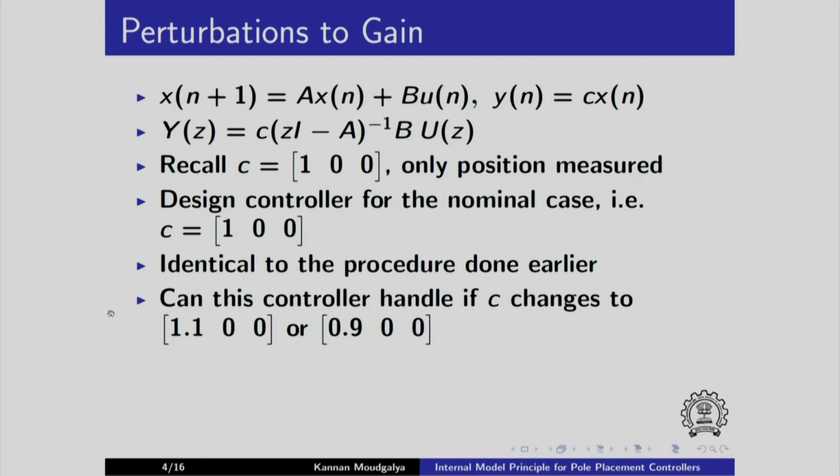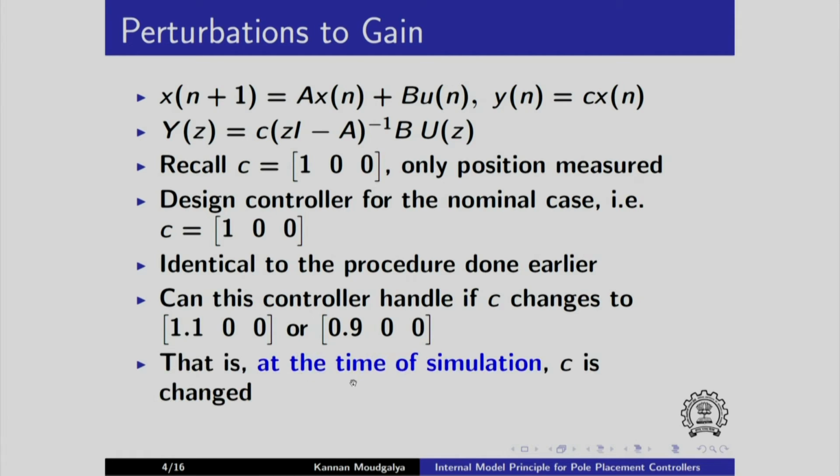The question is, can this controller handle if C changes to 1.1 0 0, that is, this is increased by 10% or decreased by 10% to get this second case. Remember, we have to make this change at the time of simulation. That is, the controller is designed, but it is not changed. Only the gain is changed. The plant model is changed at the time of simulation. And as usual, we will experiment with a step response.